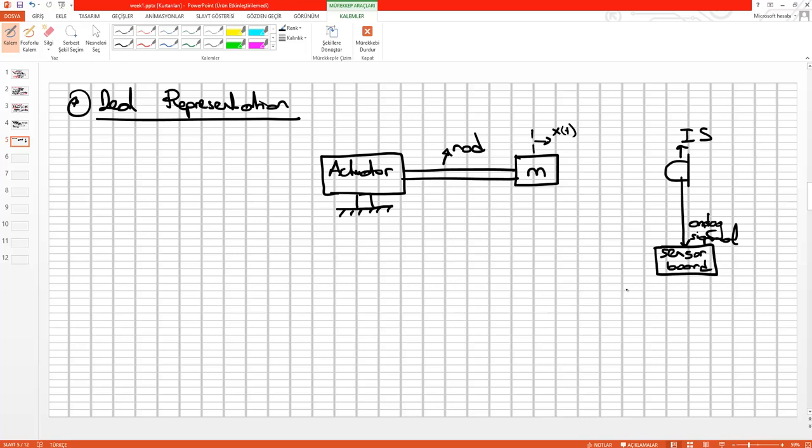And after that, we should collect the whole information into one system, which is called the microcontroller, right? And so the microcontroller can transfer the whole information in here by using the ADC, analog to digital converter, right?